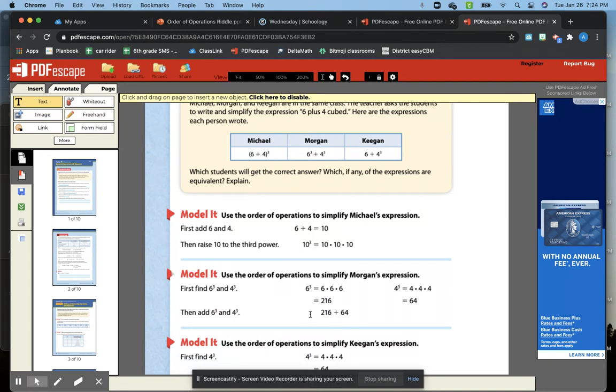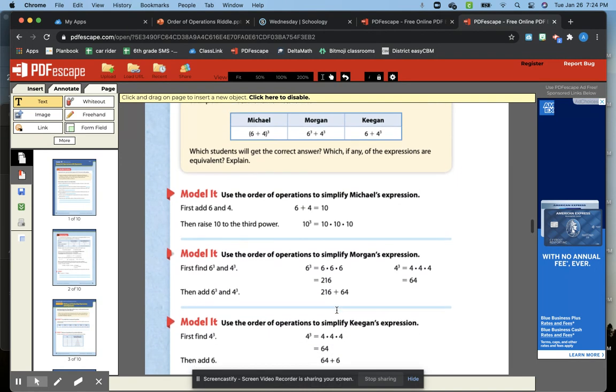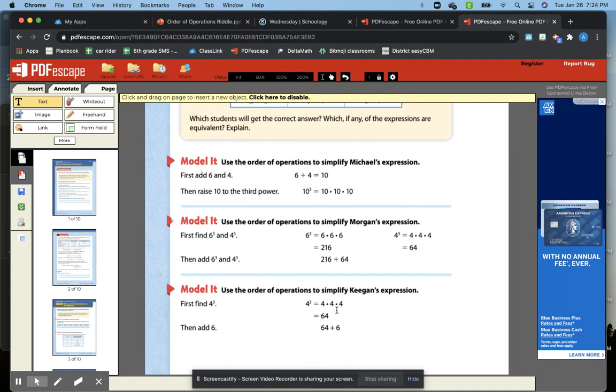So 64 plus 216 gives you that answer. And in the last equation, they did 4 cubed, which is 64, and they added 64 plus the 6 that they started with.